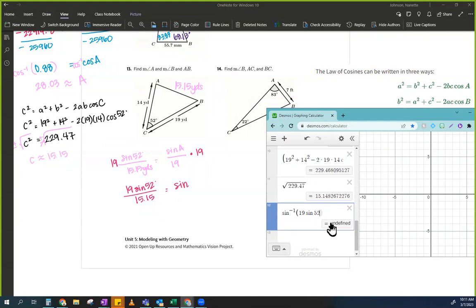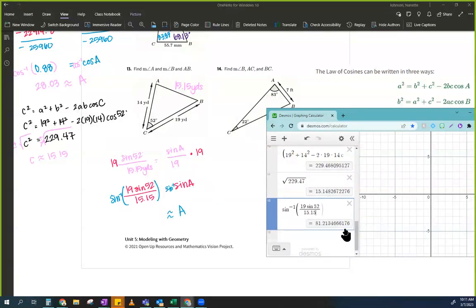Do you notice right now, because I'm not done plugging everything in, how it says undefined? It's undefined because that angle doesn't exist. But once I divide this by 15.15, then the angle does exist. It's 81 degrees. So A is about 81.21 degrees.